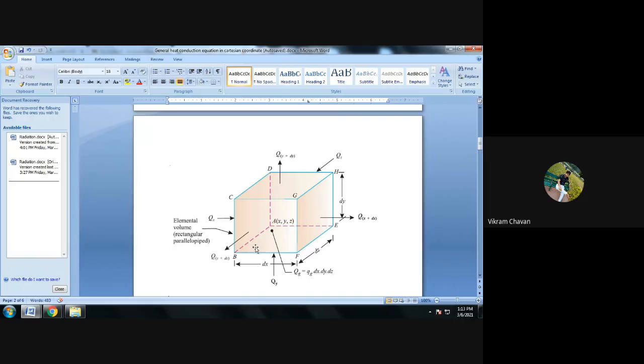So in the x direction, this infinitesimally small parallelepiped has a thickness of dx. In the z direction, it has a thickness, or length, of dz.